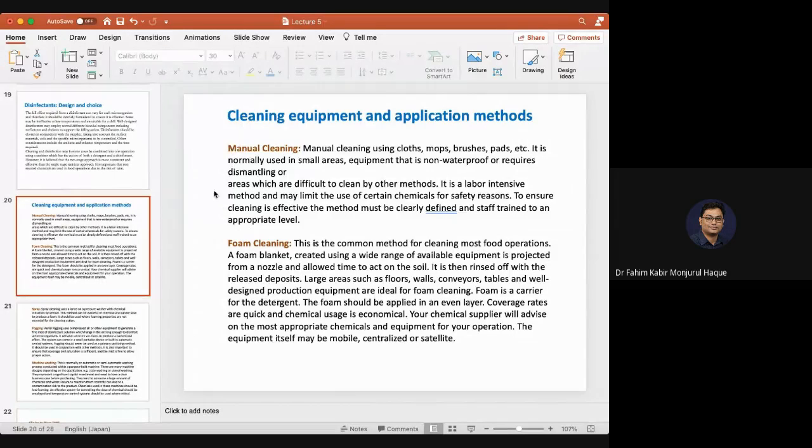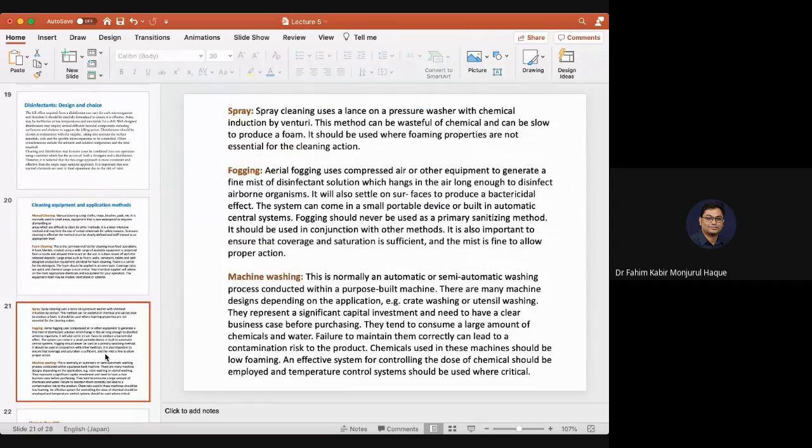So all of these different cleaning methods are used, depending on which place we are going to clean.